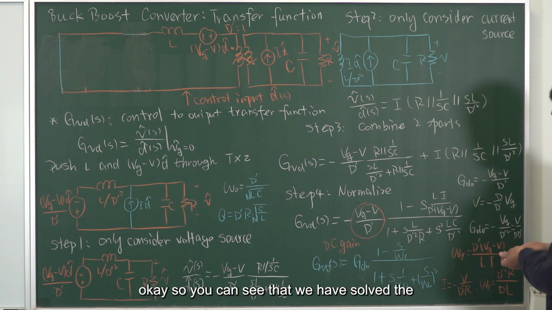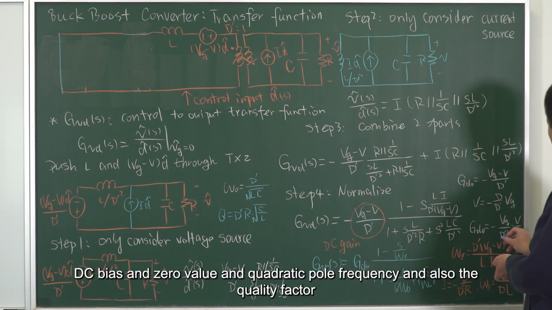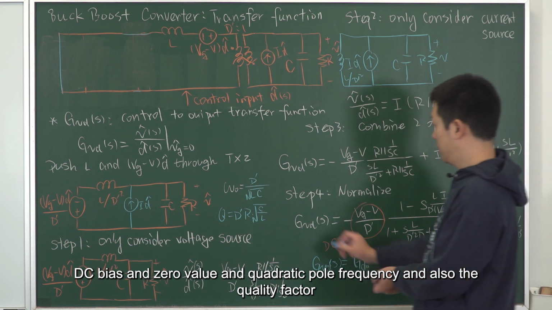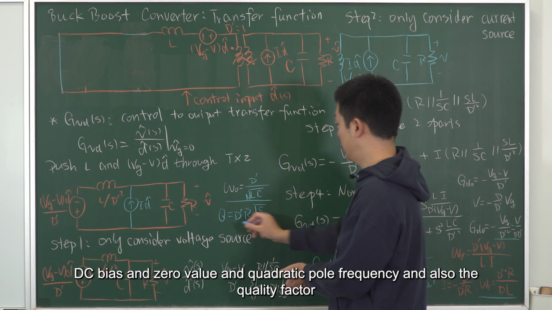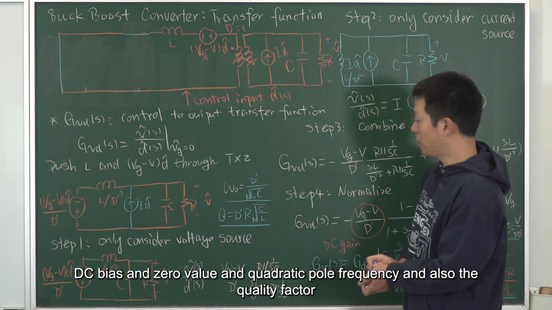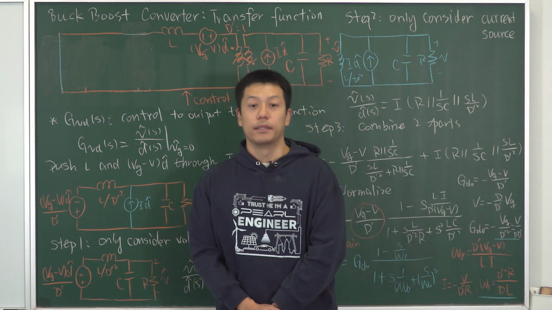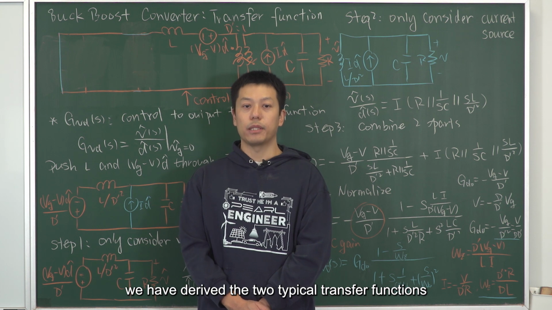Okay, so you can see that we have solved the DC gain and zero value and quadratic pole frequency and also the quality factor. Okay. So in this section, we have derived the two typical transfer functions for the buck-boost converter.